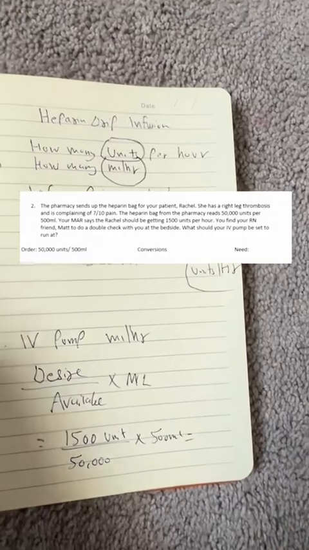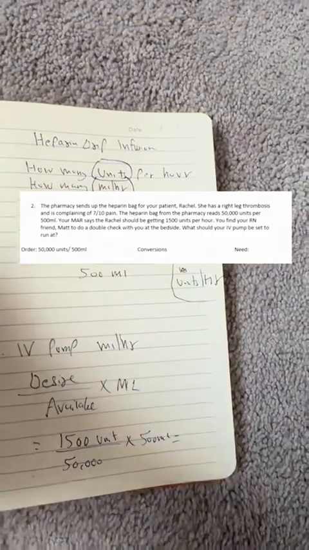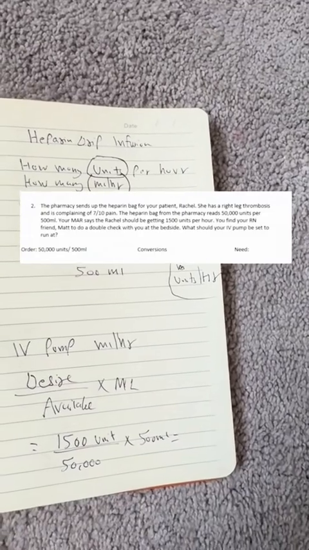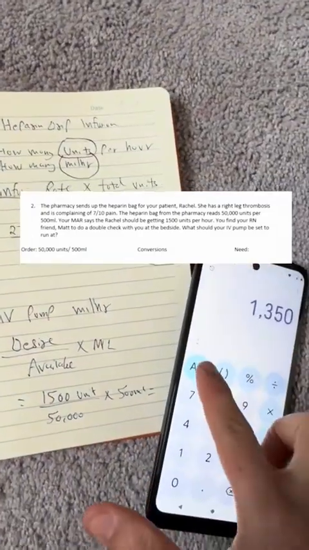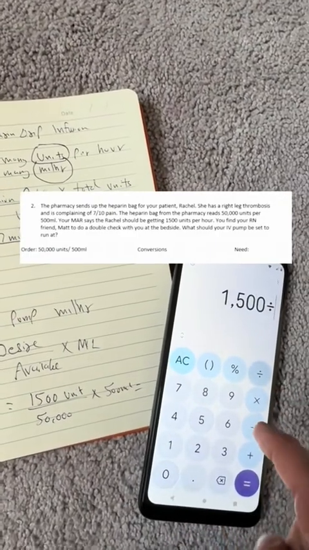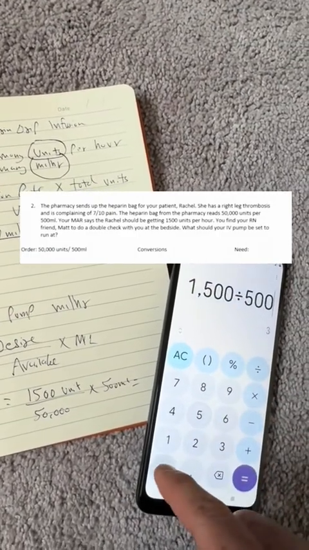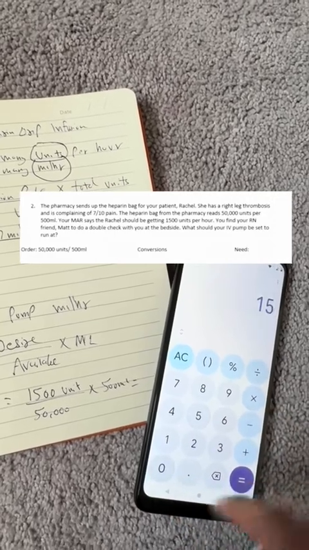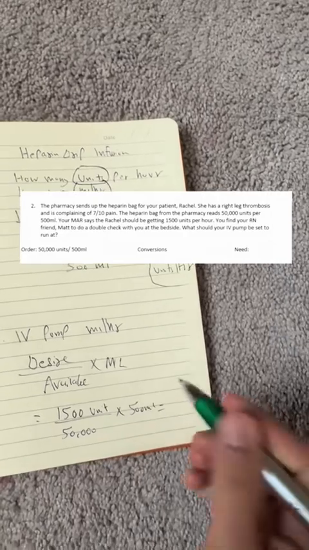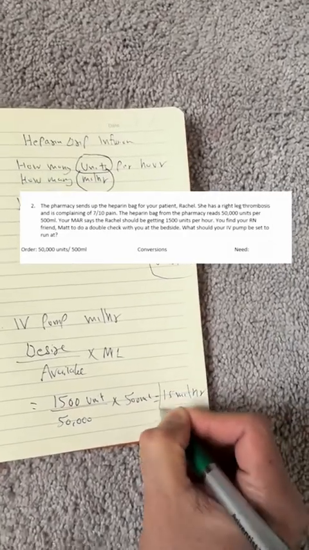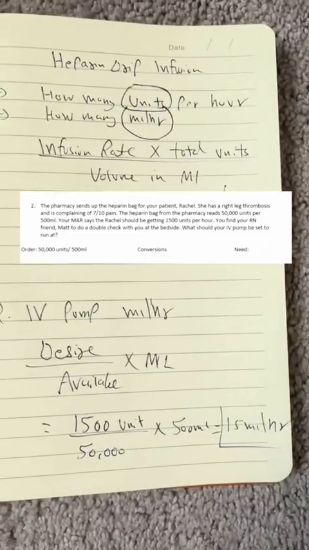Now let's do it on the calculator. 1500 is desire, divided by 50,000, and then multiplied by 500 ml equals 15. So you will set up your pump at 15 ml an hour. That would be your final answer.